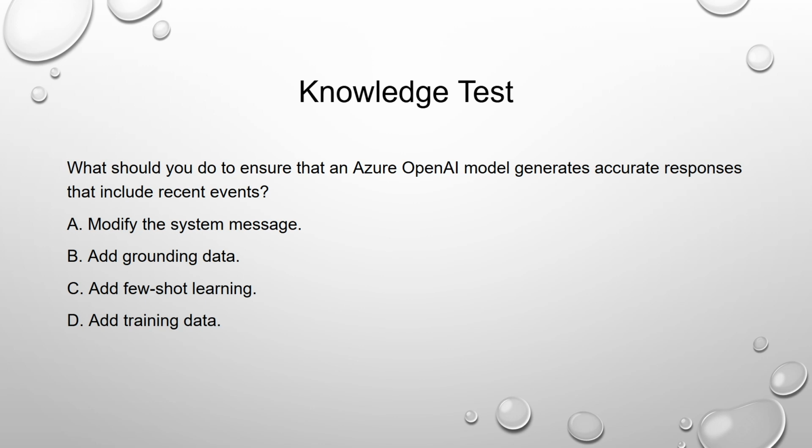Now what is add grounding data? So what it does is it will help the model to generate more accurate responses based on the recent events. So we can tell the model if it's not able to find out the correct answer, it can go out to external resources and find the correct answer. So if you are asking about a most recent event, the model is not trained with that data. So the model doesn't have the information about that recent event.